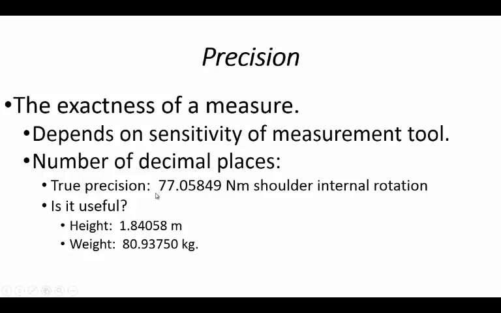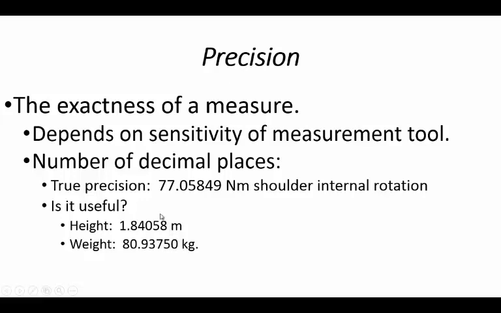For example, if I'm measuring torque, this for example is 77.05849 Newton meter, and you see 1, 2, 3, 4, 5 decimal places. This happens to be shoulder internal rotation. Height of a person, 1.84058 meter. This person's weight is 80.93750 kilogram.